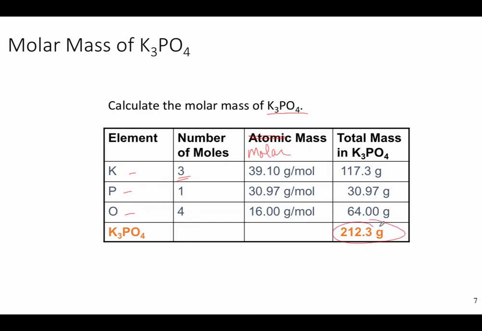Add them up, 212.27 grams. I would actually write that as 212.27 grams per mole. I realized that this should have a 0 here. So that's a mistake.